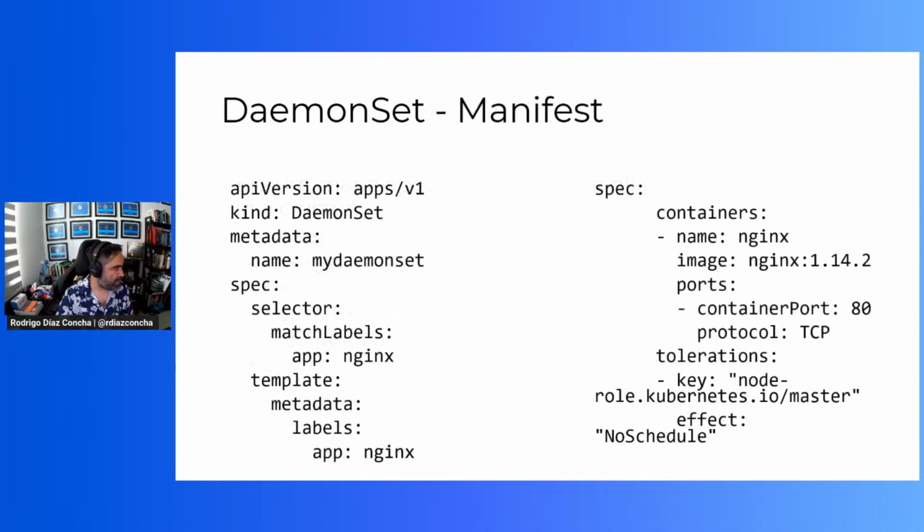So we use daemon sets. We define daemon sets by creating a manifest file, such as the one that is right here. As you can see, the kind is DaemonSet. And then you specify the job specification.